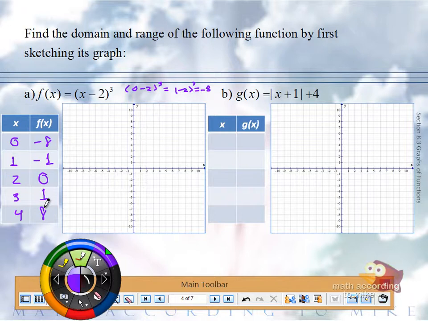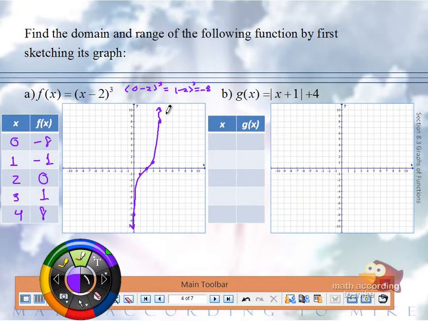What are we going to do with these 5 ordered pairs? We are going to graph them, and connect the dots.